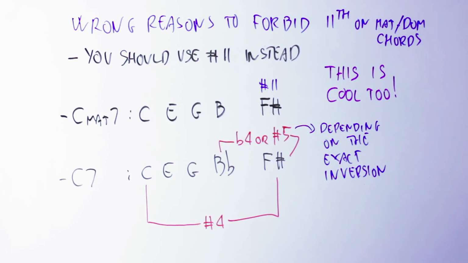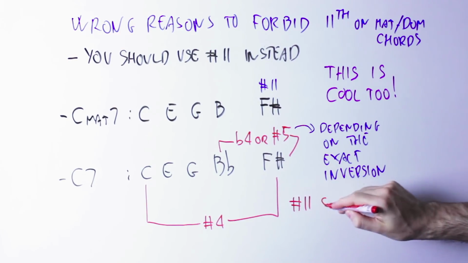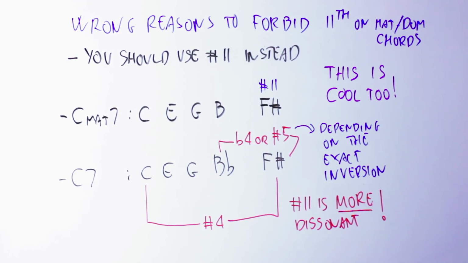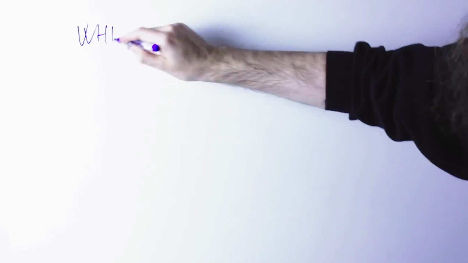So everything I said up to now is that we can't simply say that the 11th is an avoid note because it's dissonant, because it's not really as dissonant, and the other note suggested, the sharp 11, can be argued to be at least as dissonant.